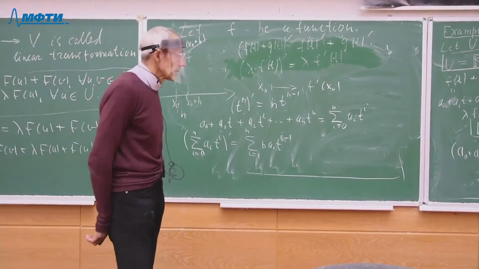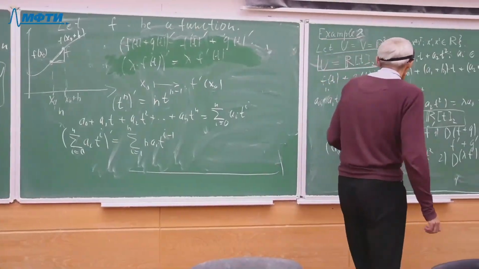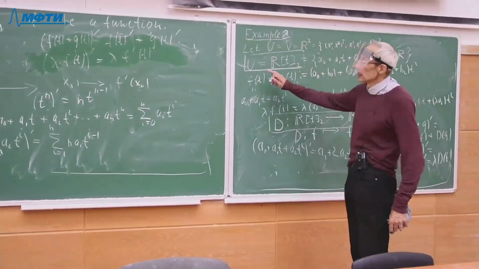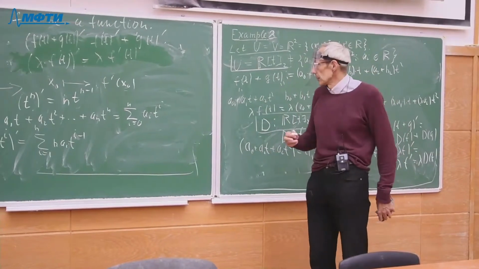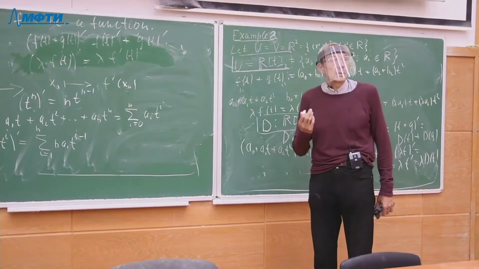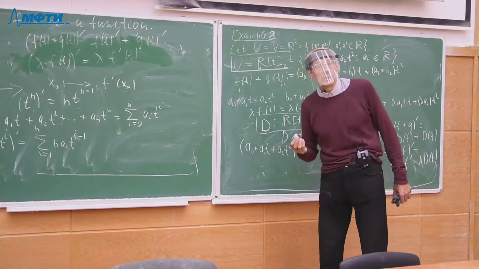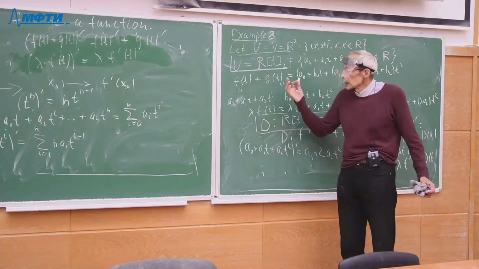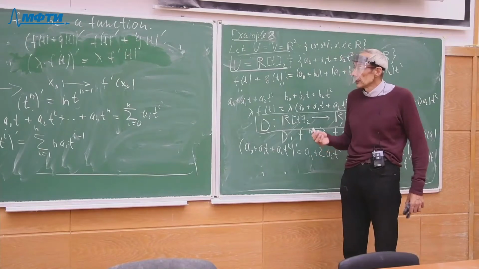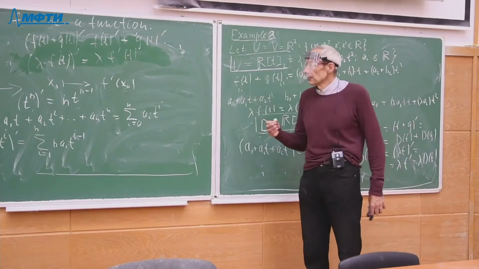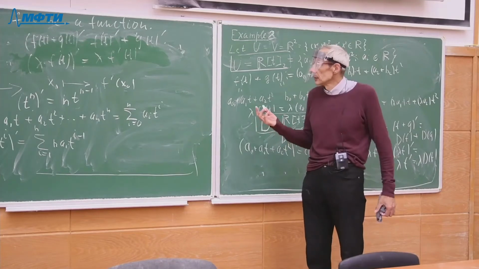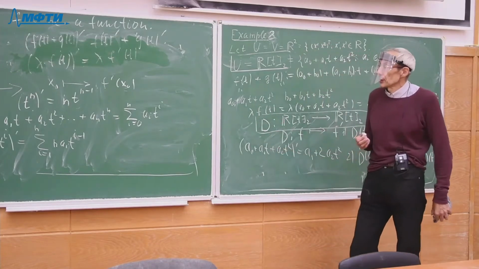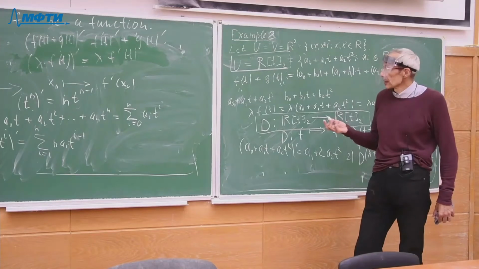Okay, let's continue. We have two examples. The first example, multiplication by a matrix, is the first example of a linear transformation. And the second example of such a structure is the derivative of a smooth function, a function which has a derivative.